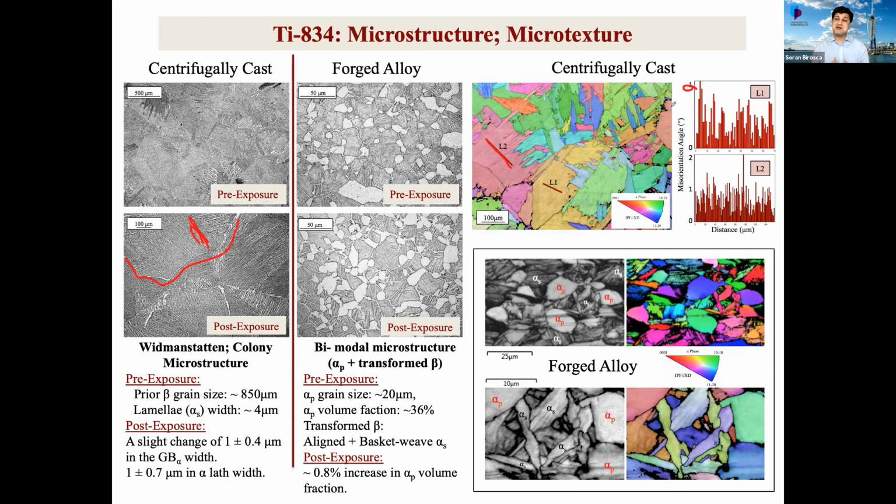That's why the lamellar microstructure, or what we call the colony Widmanstätten microstructure, is not good if you subject it to tensile and fatigue properties. While the forged alloy, which is produced by ring roll forging, consists of a bimodal microstructure, where you have equiaxed alpha grains, primary alpha, and then transformed beta in between, which has very strong alpha here and then very neat secondary alpha in between.